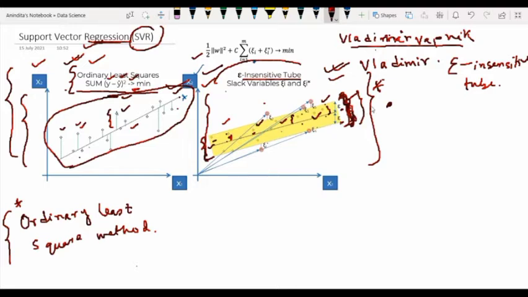This is the first point. So the tube is a kind of marginal error that we are considering.